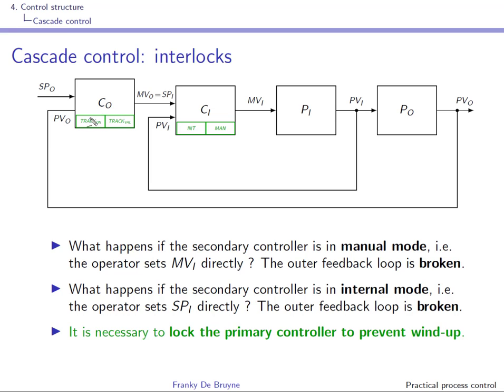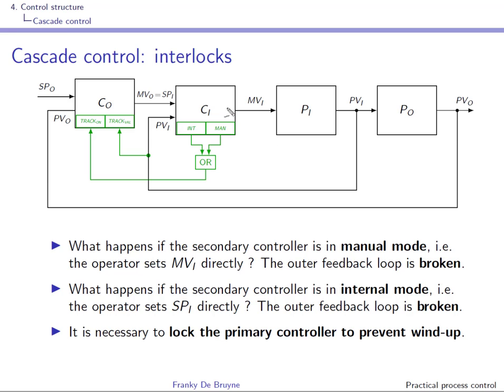But if track on, this binary signal, goes to 1, then the controller is locked, and the output of the controller is equal to track val. What we'll have to do now is set track on and choose a certain tracking value. This is how the interlock strategy is implemented.